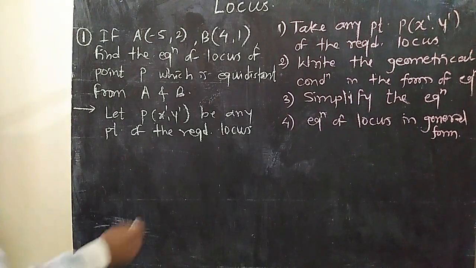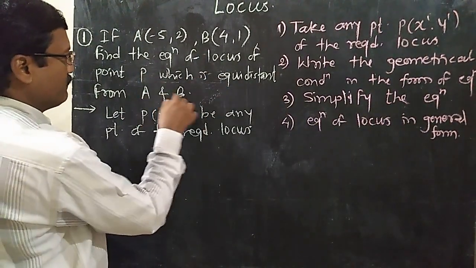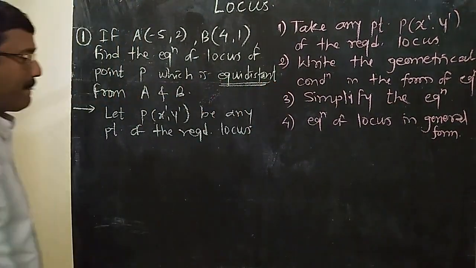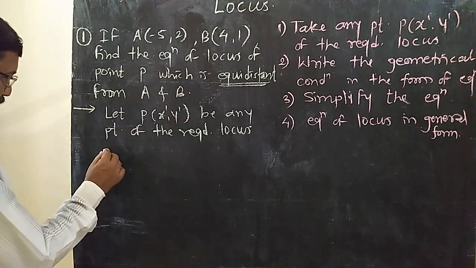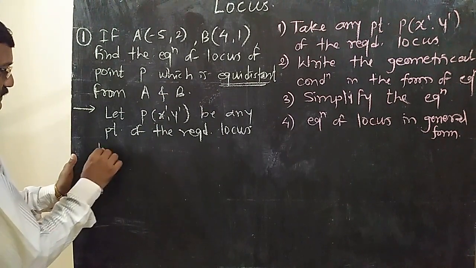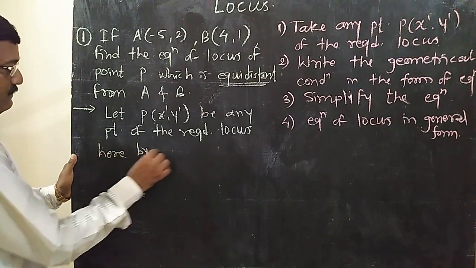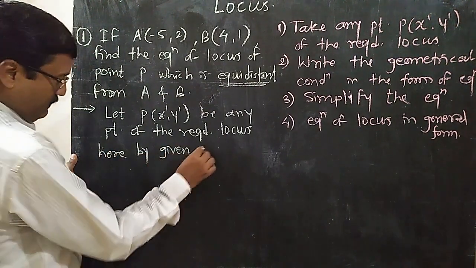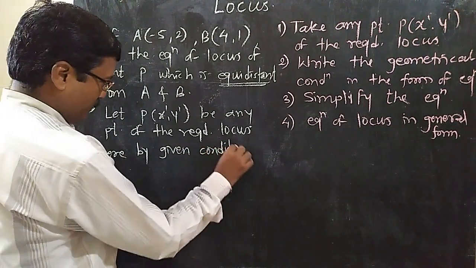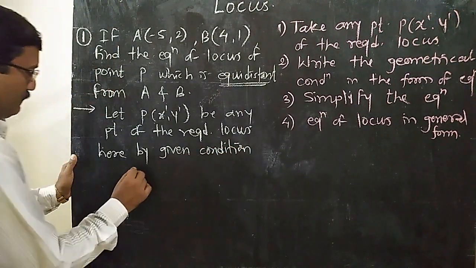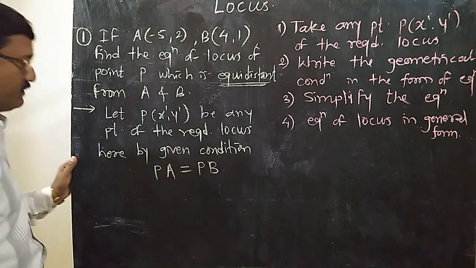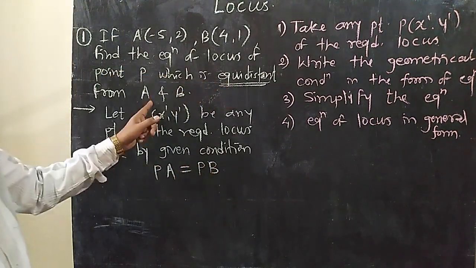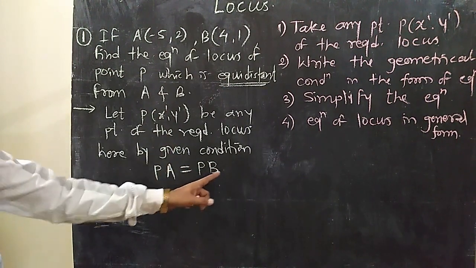Here the condition is given that P is equidistant from A and B. Therefore, by the given condition, PA is equal to PB. As point P is equidistant from A and B, so PA is equal to PB.